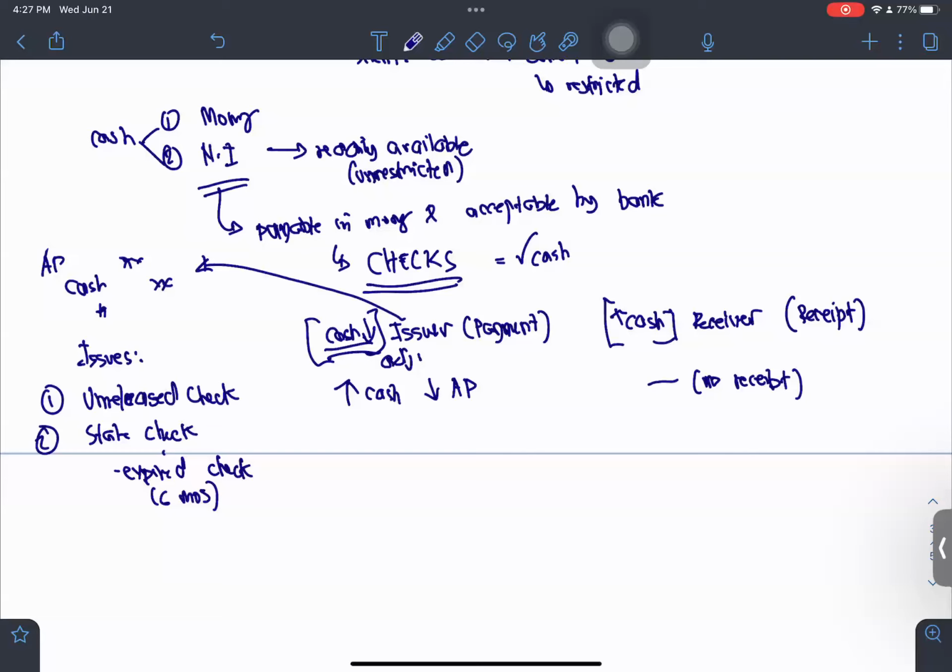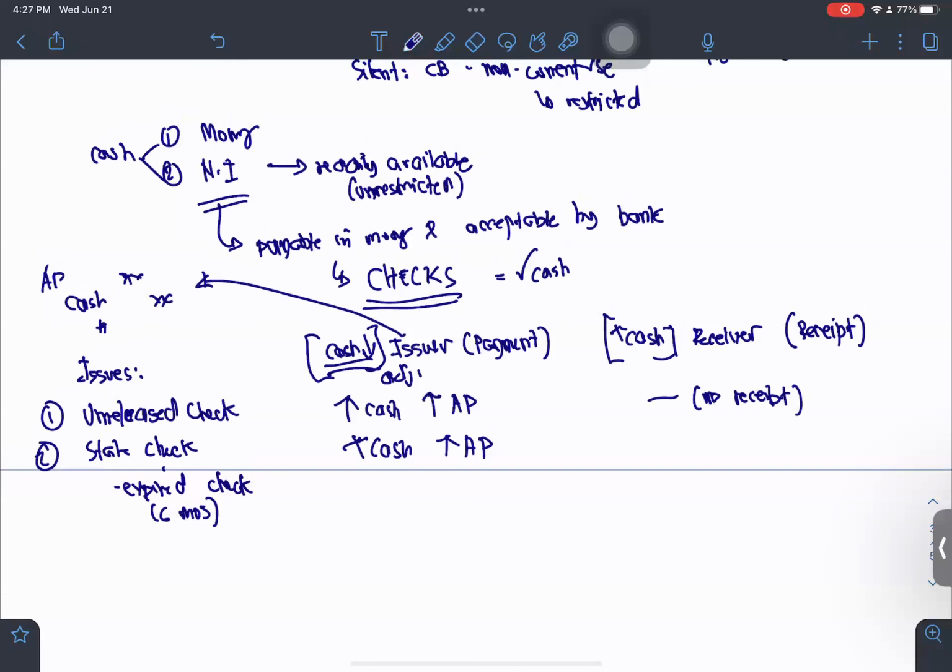So from the date of issuance, we need to look whether there is already a 6-month period. On that 6-month period, once it is expired, then it is considered a stale check. So for the stale check, whenever the check is already stale, your entry on the part of the issuer is again an increase in your cash and also an increase on your AP.